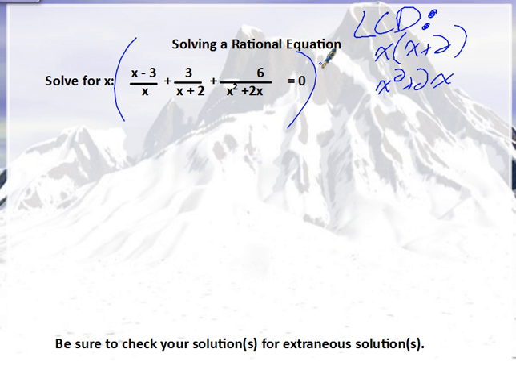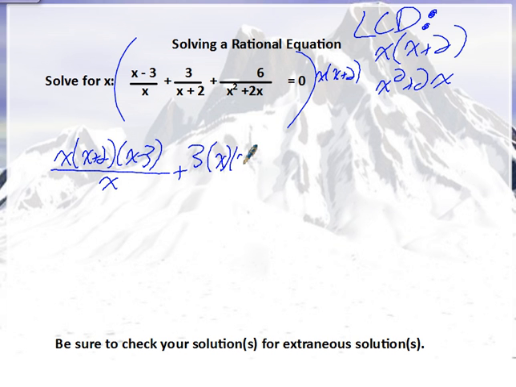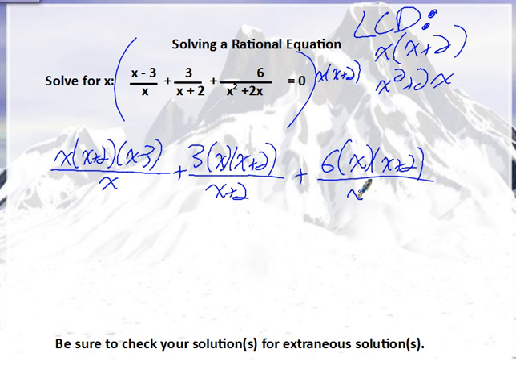All right, so I'm going to multiply the entire thing by x times x plus 2. All right, so what I'm going to get is x times x plus 2 times x minus 3 over x plus 3 times x plus 2 over x plus 2 plus 6 times x plus 2, which remember really equals x squared plus 2x over x squared plus 2x equals 0.